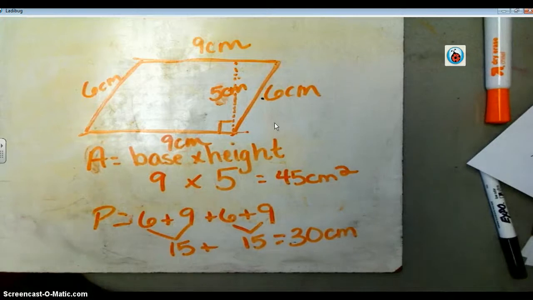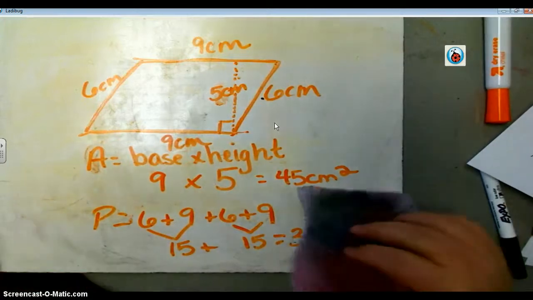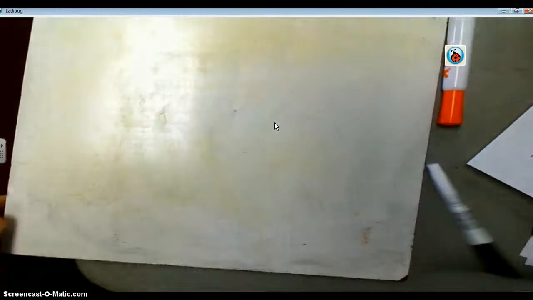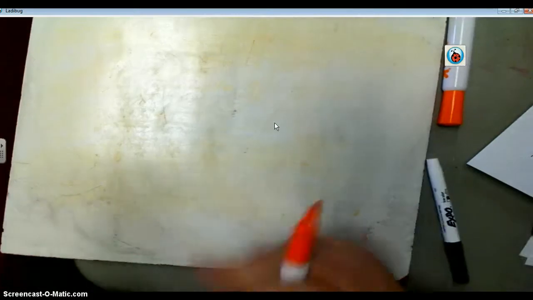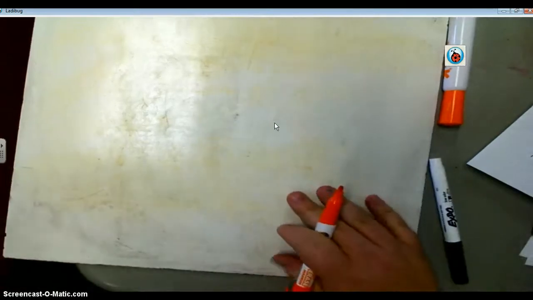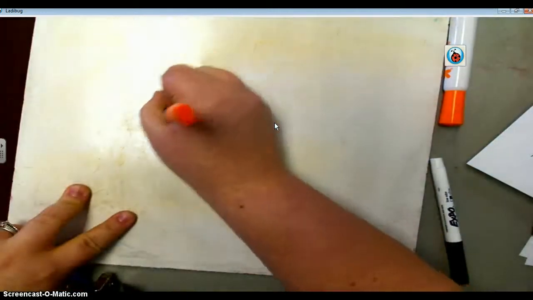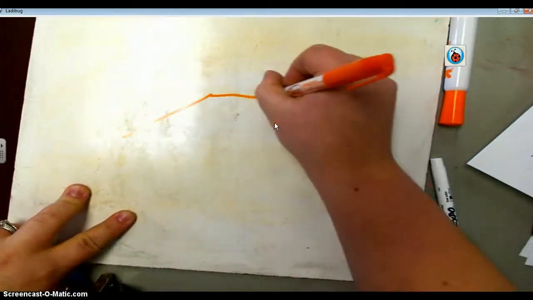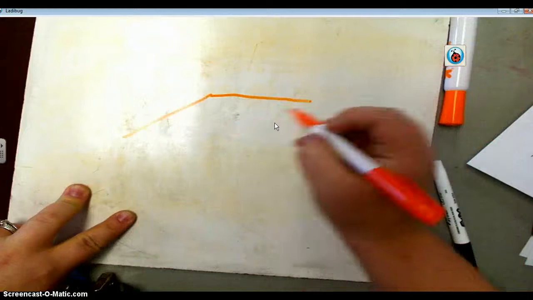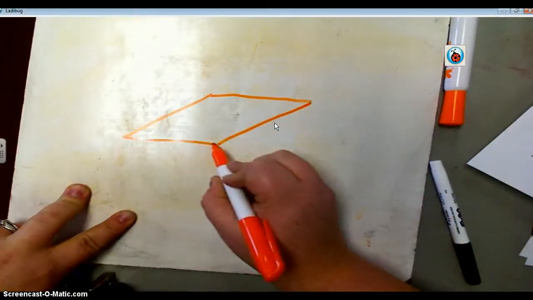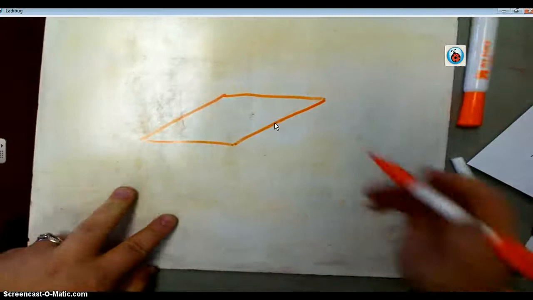Alright, now the cool part that I want to show you. We're going to go from finding the area of a parallelogram to finding the area of a triangle. Issues? Okay, so when I think about a parallelogram, okay, here's my parallelogram.